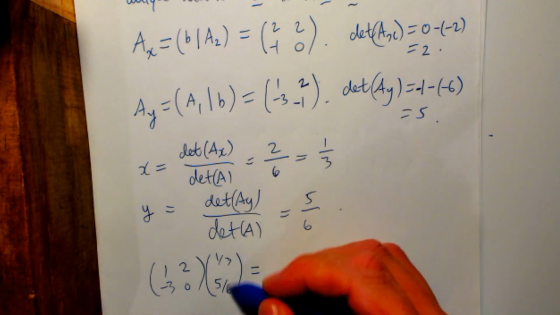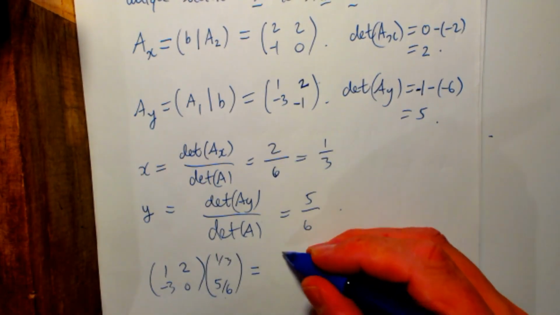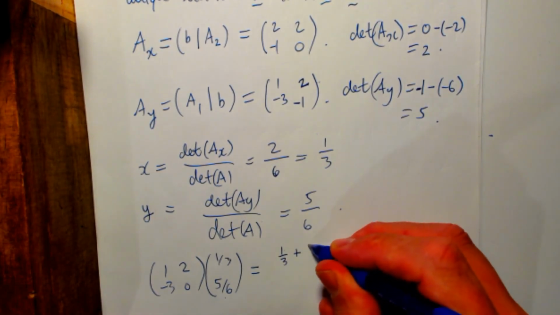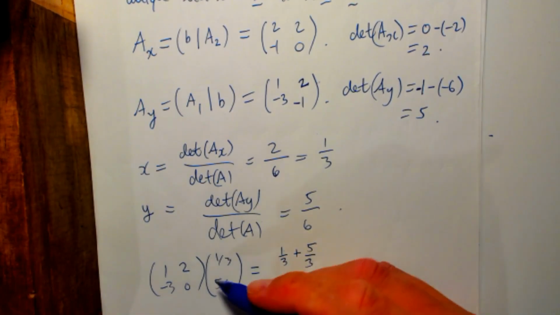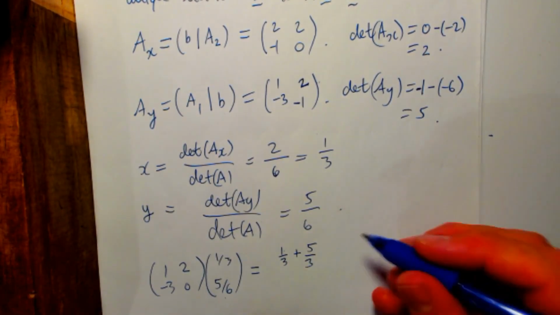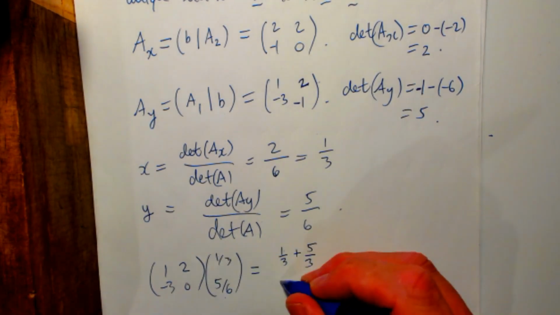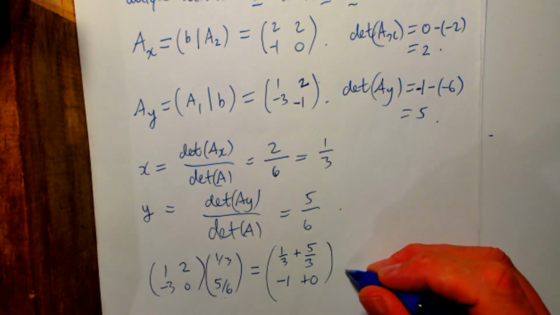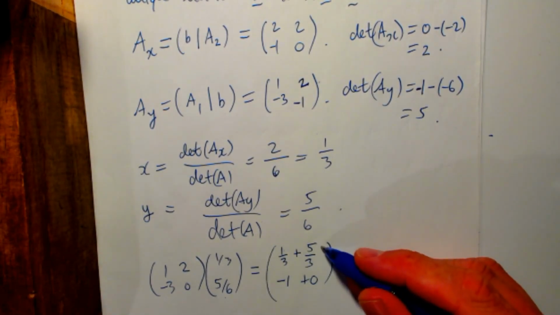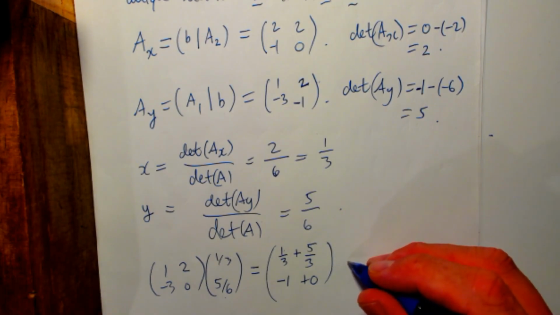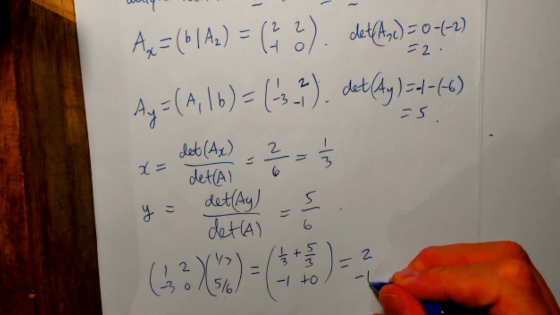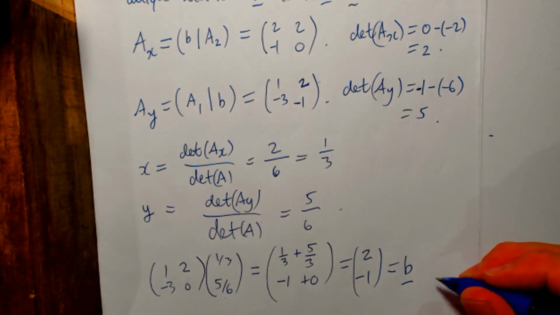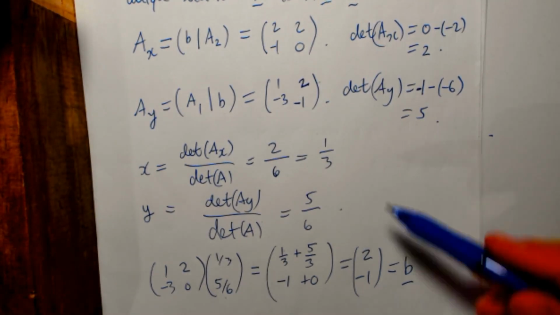So this row goes with this column, so we get 1/3 plus 5/3, because 2 times 5/6 is 5/3, then minus 1 plus 0. Okay, 5/3 plus 1/3 is 6/3, which is 2, and then down there we have minus 1. Okay, this is b, so yes, that works. So we have our solution there.